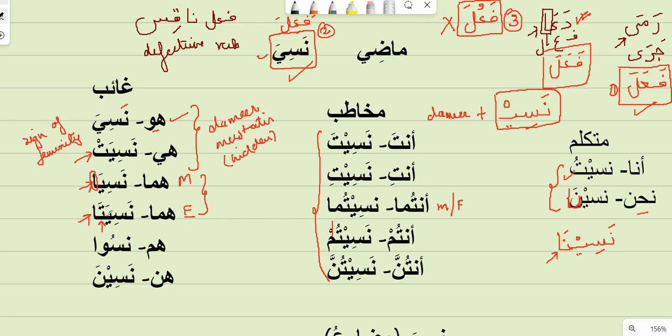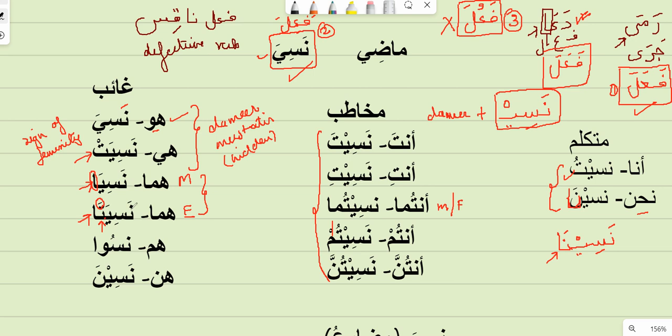What is this ta? This is the same ta tanis that you see here, ta with sukoon. But why doesn't it have a sukoon above it? Because it is coming with a long vowel alif, and any letter that comes with long vowel alif carries a fatha over it because of the sound. You cannot pronounce the ta sukoon and alif.